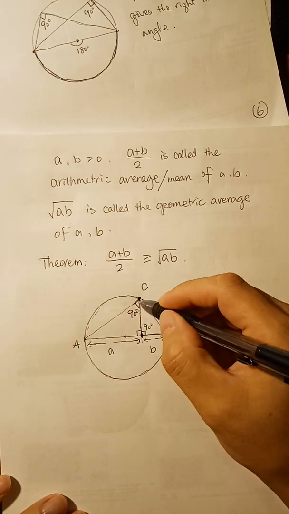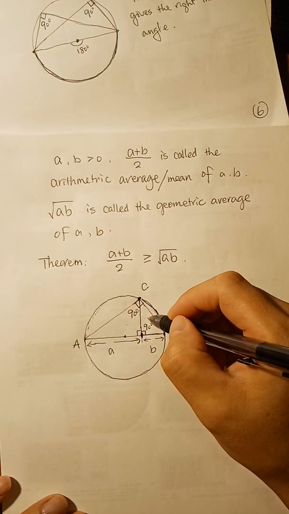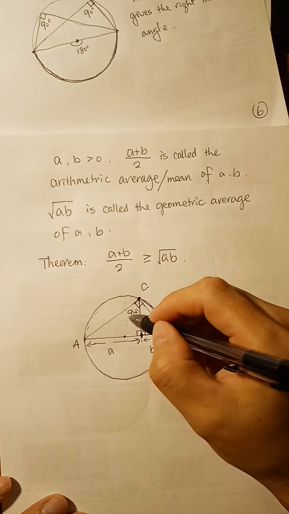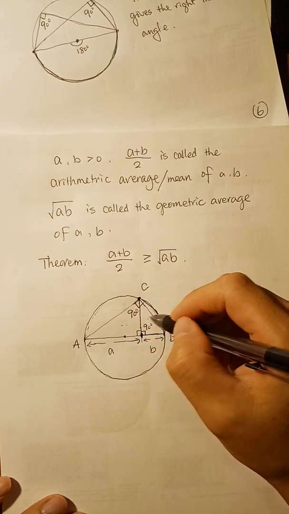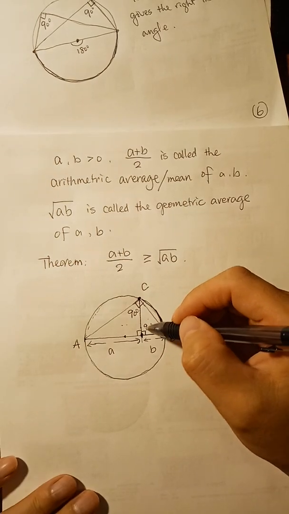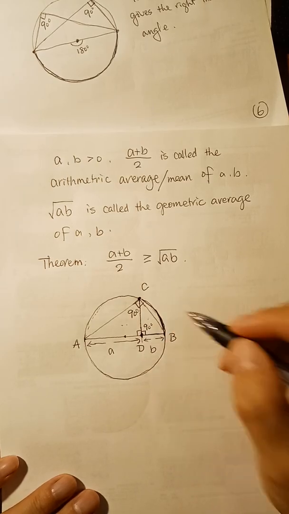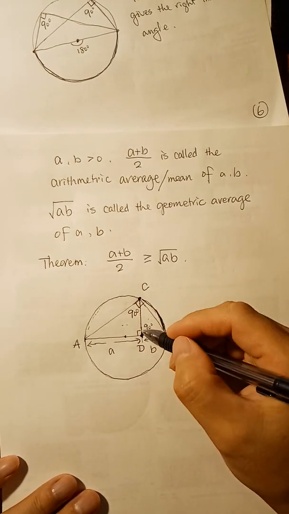In this triangle, we have one right triangle, and a second right triangle. These left and right two small right triangles are similar. And this point, let's call it D.